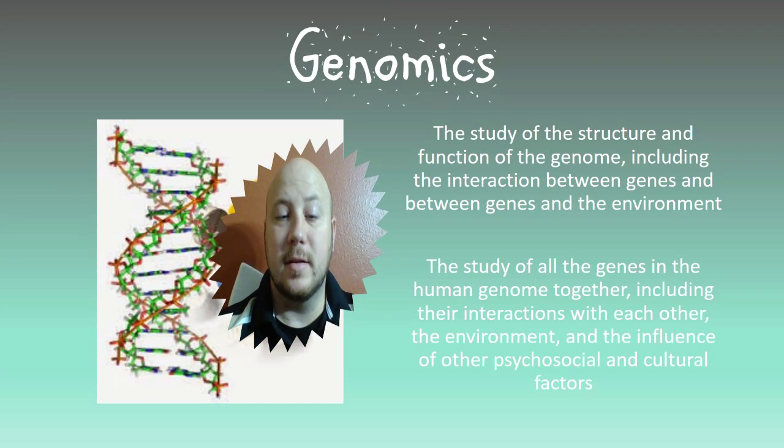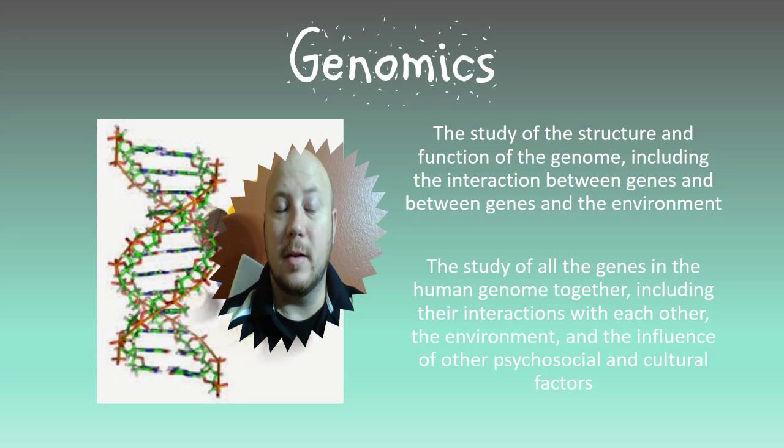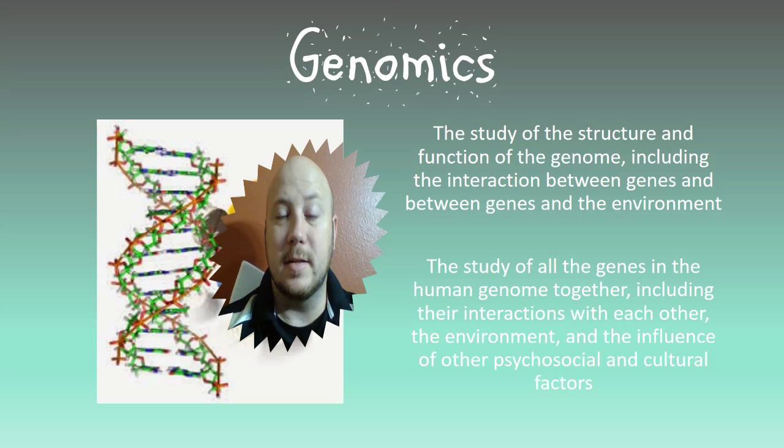So, genetics deals with individual genes and their impact specifically on different kinds of disease from a molecular level, looking at each individual gene. Genomics deals with looking at the genes, how they interact with each other, and cultural influences like what you eat, how you practice religion, where you live demographically.